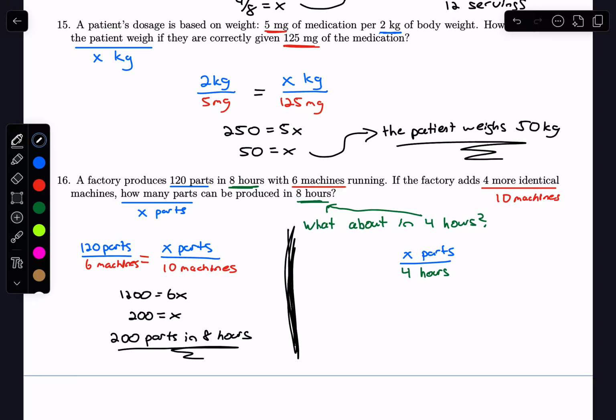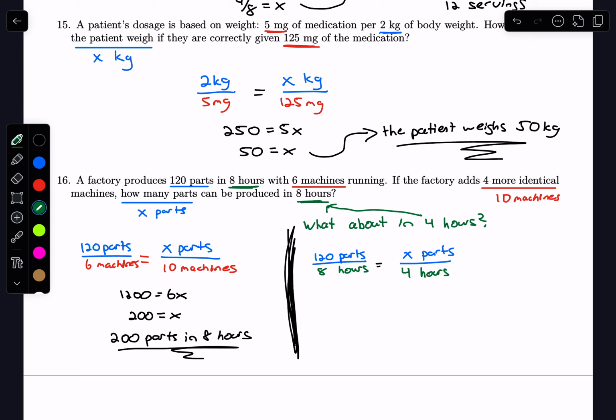And on the other side, we're going to have that it was 120 parts, and that was happening in 8 hours. So on one side of this thing, I have parts per hour, and on the other side, I have parts per hour. But that would only be the setup if we were using the same number of machines in both cases. If we were using 6 machines in both cases, we would just cross multiply and we'd be done. But we're not.